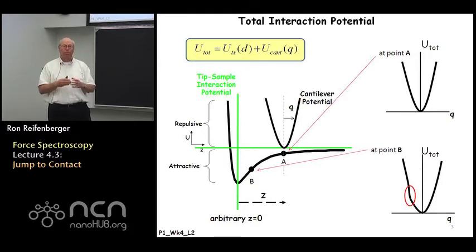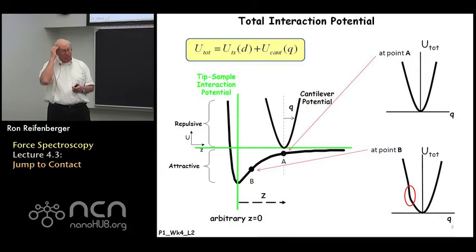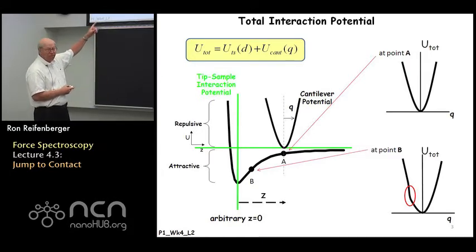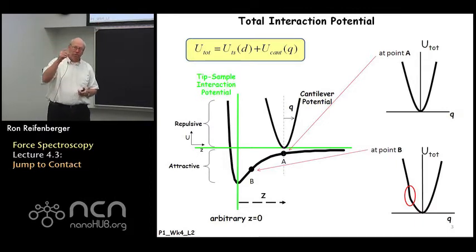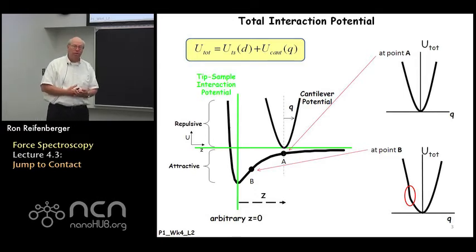So if there were no tip surface interaction and you position the tip at a certain distance above the substrate, let's say that distance is located by this point A, right? Then if you gently hit it, the tip would oscillate back and forth about its equilibrium position. And the potential well that describes that oscillation is that quadratic well that's labeled by the words cantilever potential.